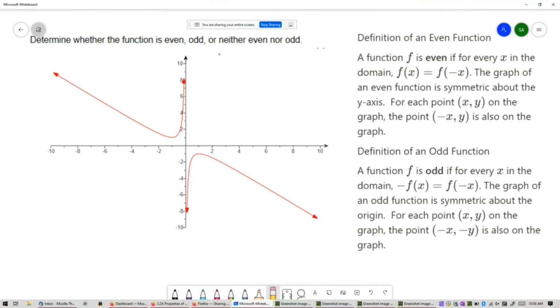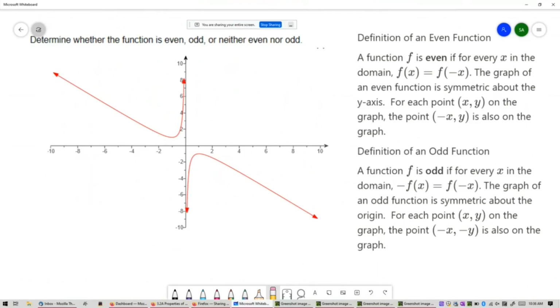And then we have something similar in our definition of an odd function. A function f is odd if for every x in the domain, negative f of x is equal to f of negative x. And we're going to use this portion, which involves the graph. The graph of an odd function is symmetric about the origin.